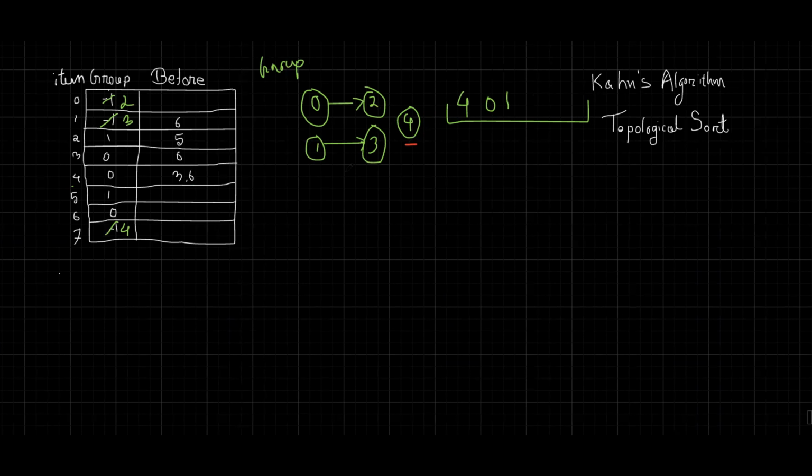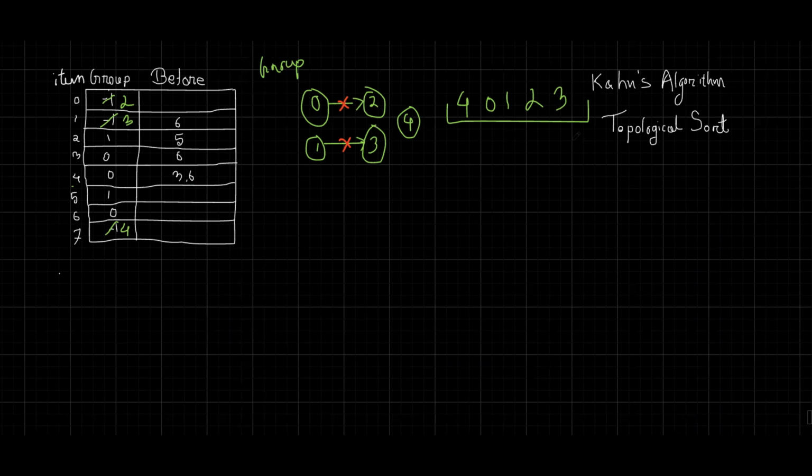Because the nodes 4, 0 and 1 do not have any edge coming towards them. So here, after taking 4, 0, 1, we have to discard the edge between 0, 2 and 1, 3. After that, the elements 2 and 3 will have the integer of 0. So this is the sorted version of the groups by using the topological sort.